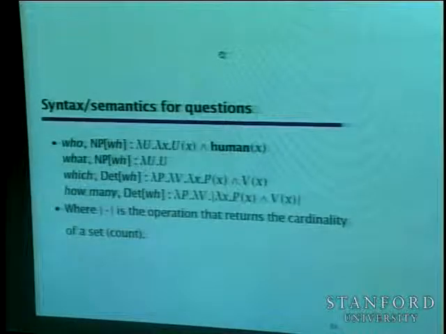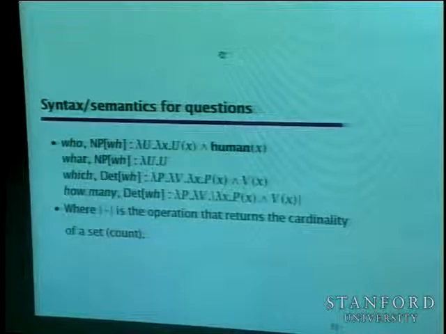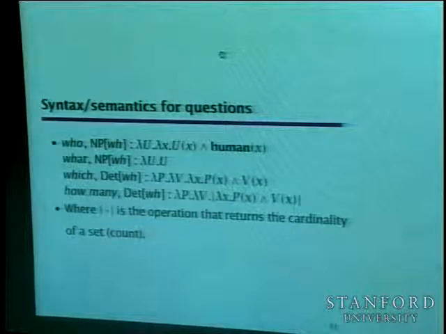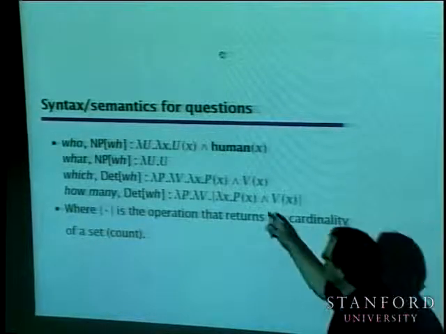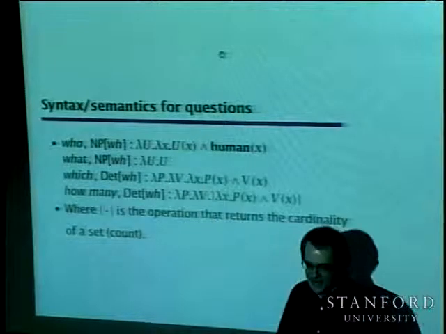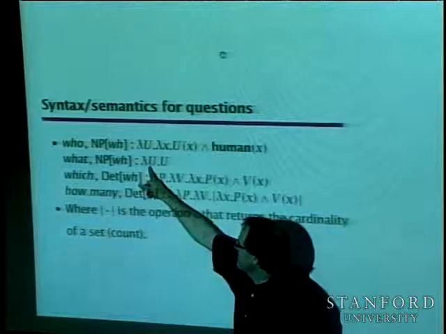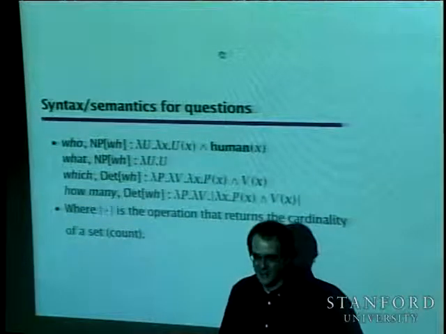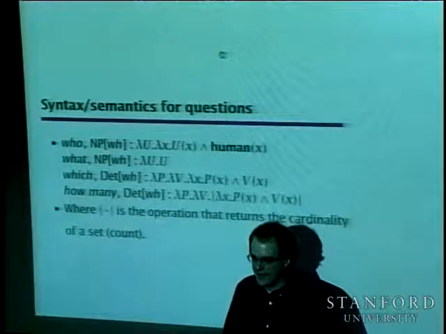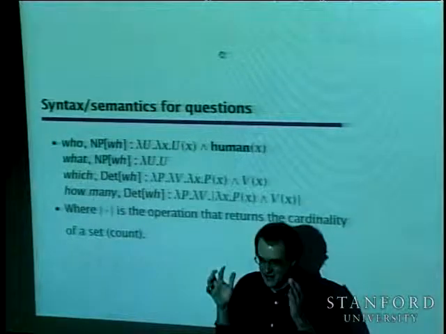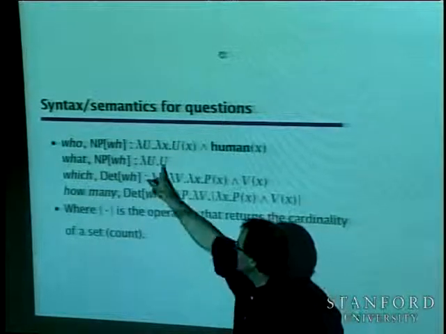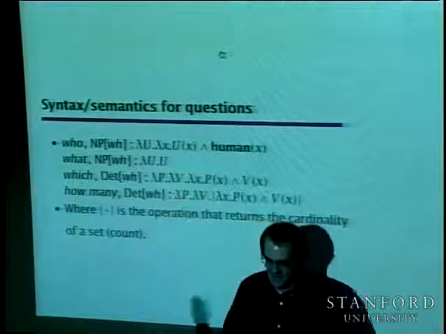And then here are my syntax and semantics for question words. So a question word like what doesn't have any meaning in this model. It just takes a property and returns that property. So if we have something like what is running, we have the property of is running, and what will take it as an argument and just return it, does nothing to it.